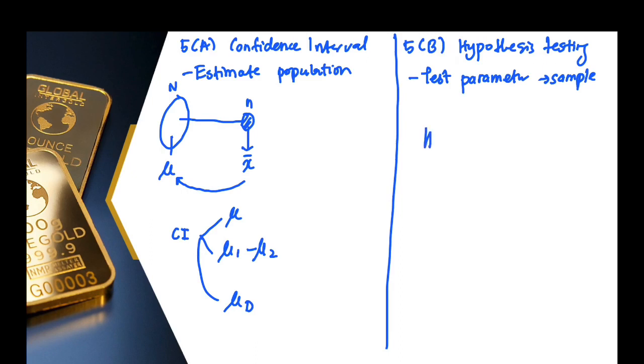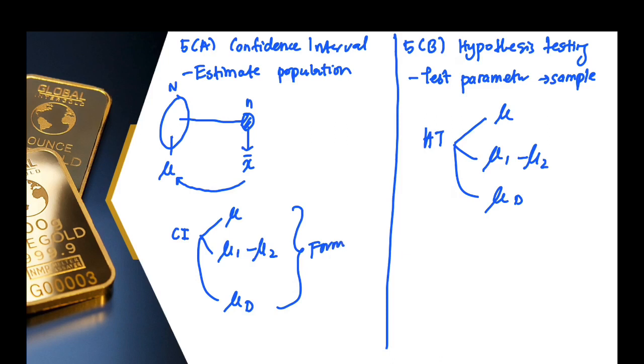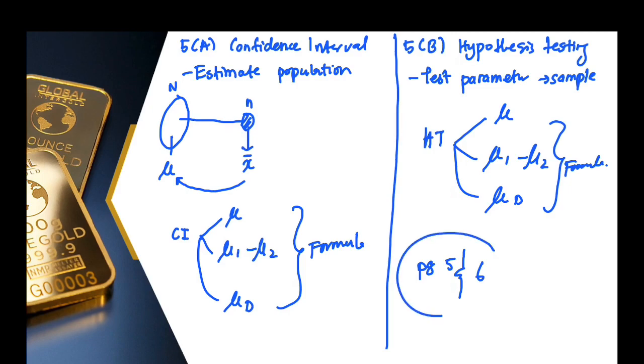In hypothesis testing, also you will have hypothesis testing for 1 mu, hypothesis testing independent sample, and hypothesis testing dependent sample. So the same concept you apply here, which formula you want to use, you also will apply the same concept here, which formula you want to use. So you still need your stat table, page 5 and page 6.